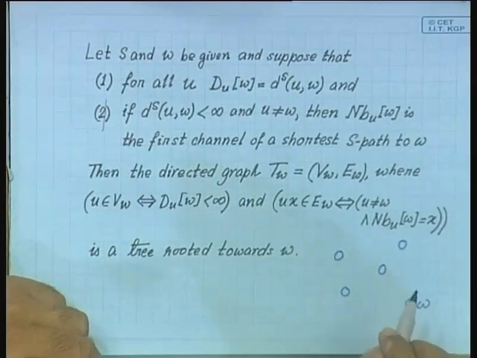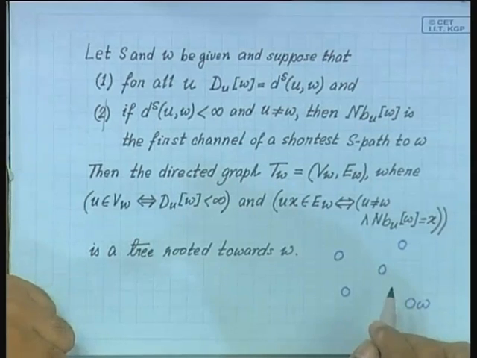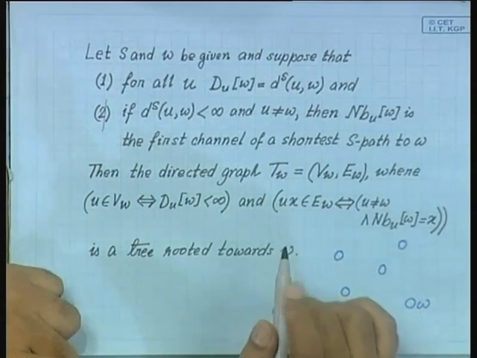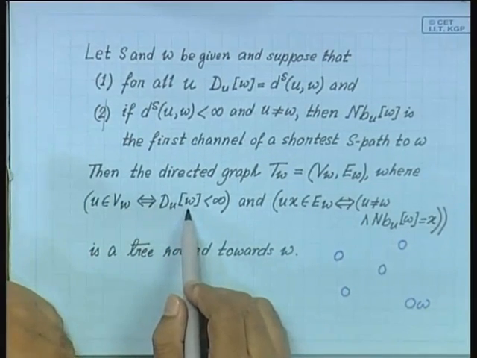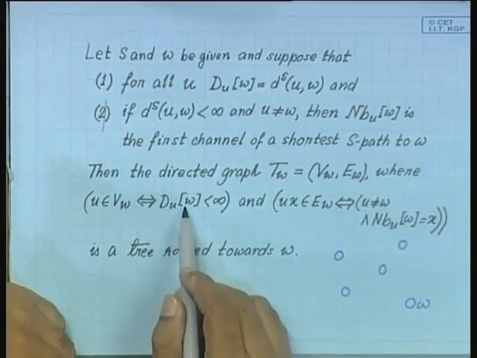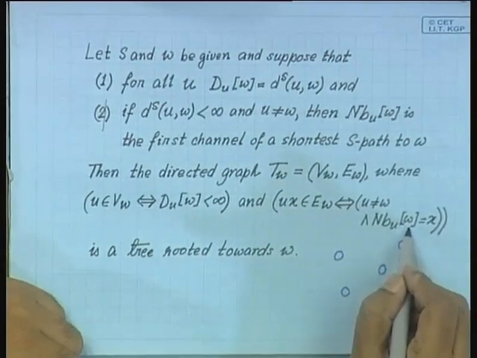The ones which have DUW less than infinity, how did they become less than infinity? There must be some iteration where we updated DUW, right. So, when we updated DUW, at that time we also updated NBUW, okay.